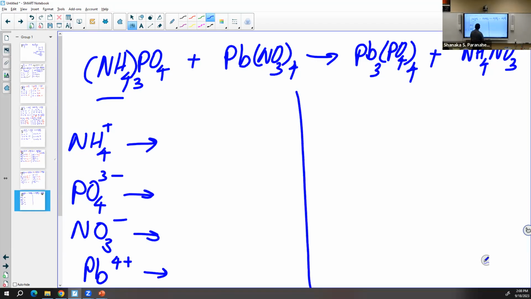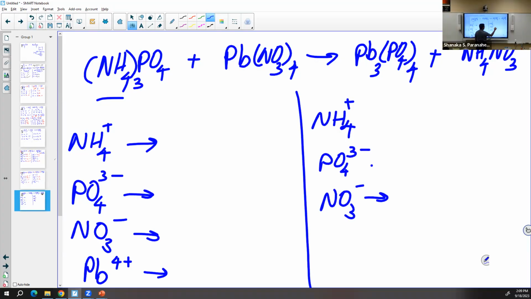Okay. Product side, NH4 plus, phosphate 3 minus here, and nitrate minus that. Okay. So last one is lead. So if you split nitrogen and oxygen, you can see it's present in 2 different polyatomic groups.